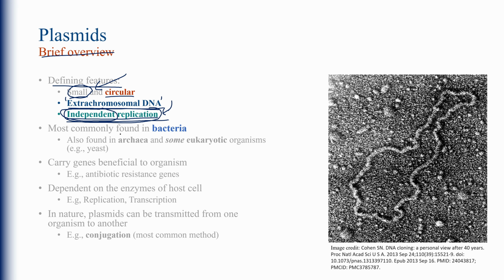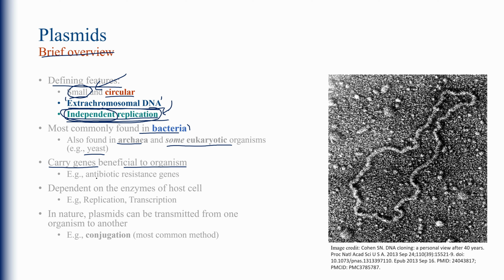Most commonly, plasmids are found in bacteria within nature, but they can also be found in archaea and in some eukaryotic organisms like yeast. We often discuss the fact that plasmids can carry genes that are beneficial to the organism.